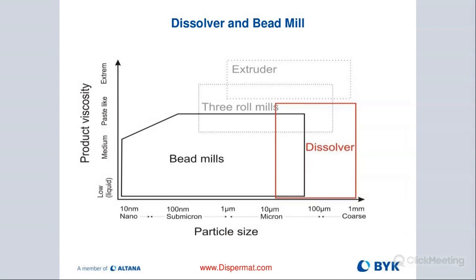So this slide is a good slide in outlining at what point you should move over to a media mill. You start out, let's say, with a very coarse material, and then you can use a dissolver around 20 to 30 to 10 microns in that range.